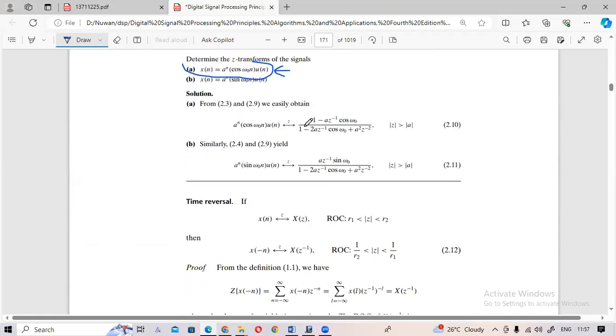So you can see that. In this case, the answer is given. So you can add them together.